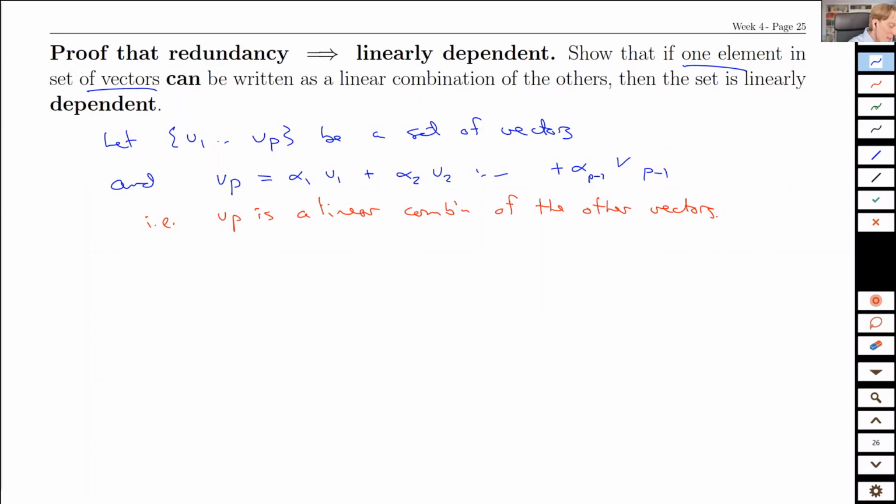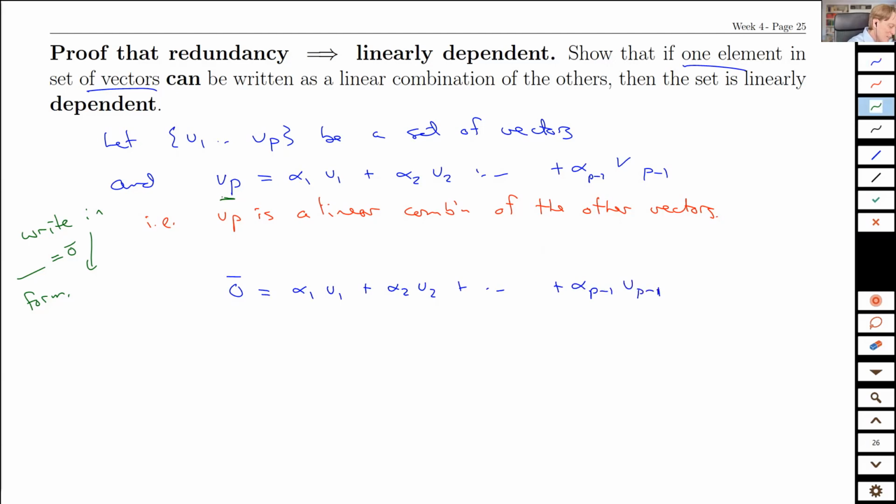Well, that means that we need to put it in the form that we need for that test. So that's the form with the linear combination equals the zero vector. What does that look like here? Well, let's move this over to the other side. So I have the zero vector equals alpha 1 V1 plus alpha 2 V2 plus alpha P minus 1 V P minus 1.